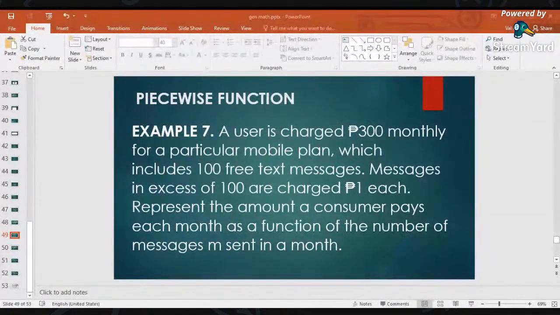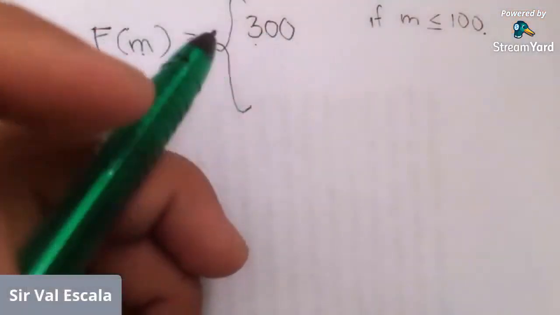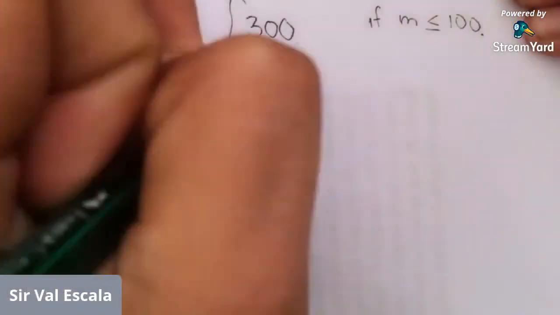Okay? So magkukonsume lang tayo ng another 1 peso sa kada excess ng messages. So ibig sabihin, magpa-plus tayo sa ating equation. So another function na naman to sa ating function, yung another rule.